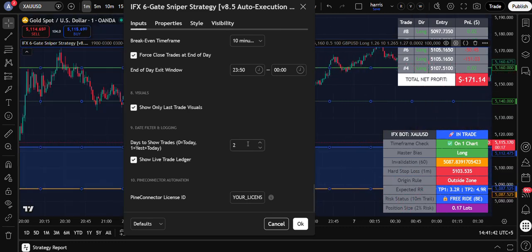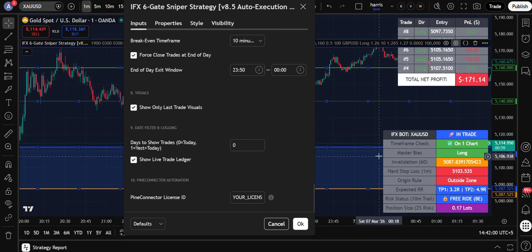So now, as you can see, guys, I moved it to 4. So it changed its ledger automatically. Okay, guys. So let's keep this at 0.